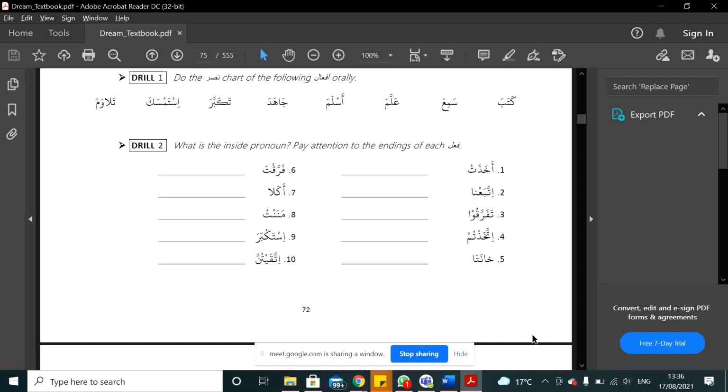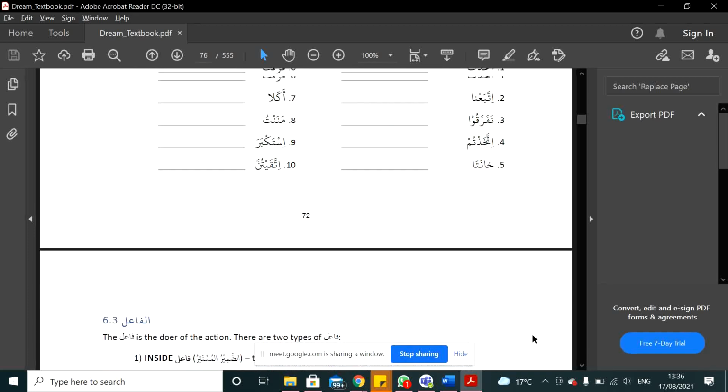Ittaqay means to be pious, right? Taqi means to beware, right? So all of you, beware.